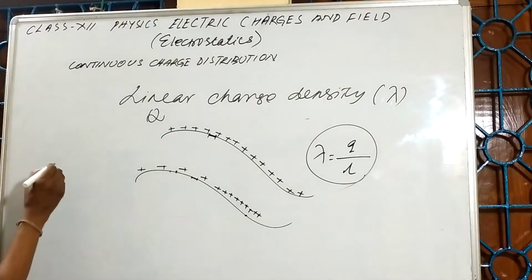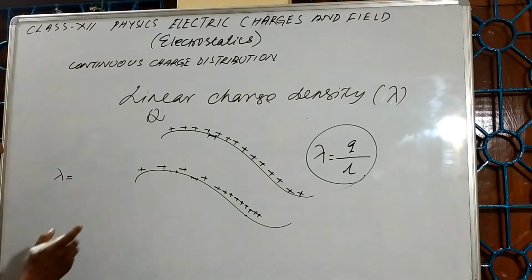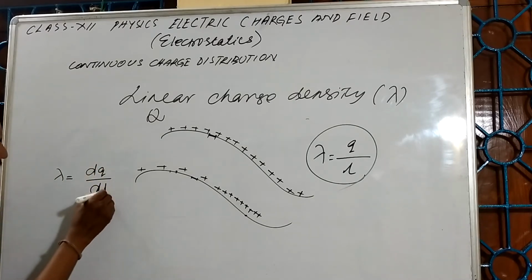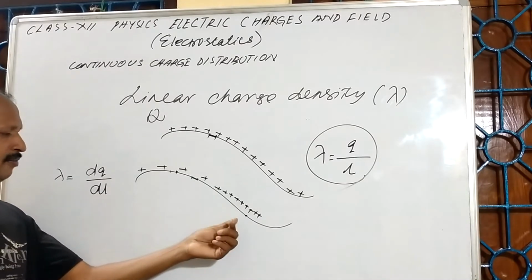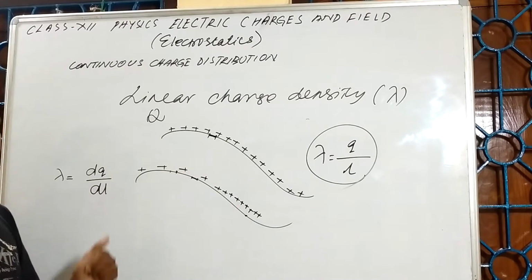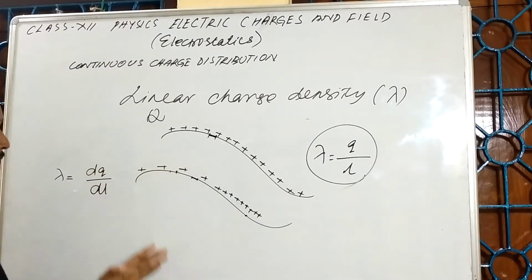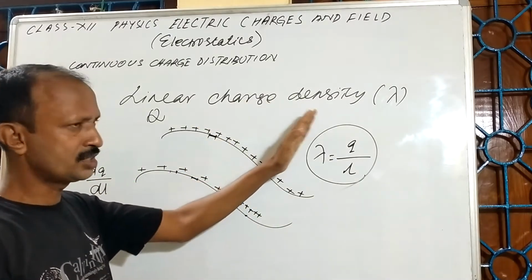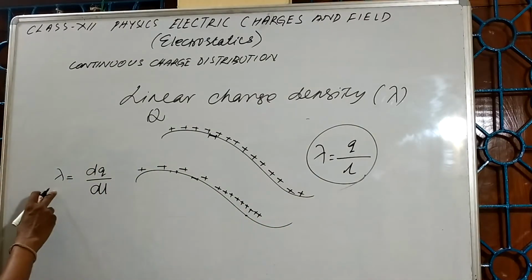So I can say that mathematically this lambda is equal to dq upon dl. Here dl is a very small length and the charge dq is a very small charge. So we can calculate the linear charge density at a point as lambda equal to dq by dl.